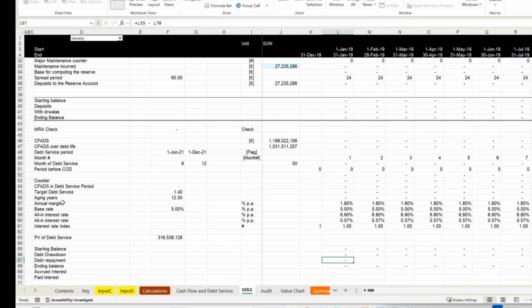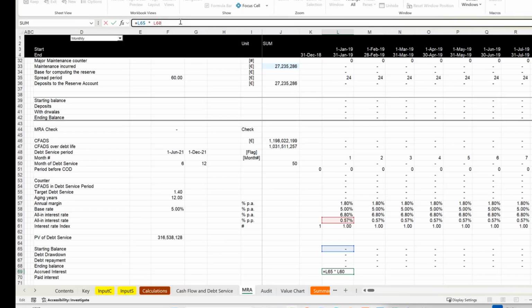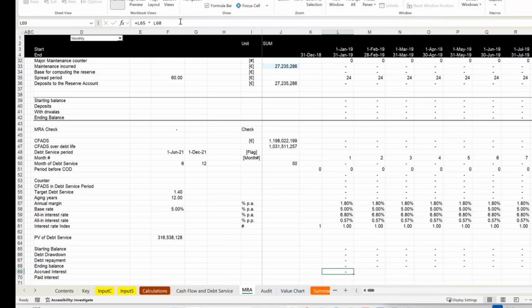Okay. And then get the accrued interest, and that's our opening balance times that periodic rate. You can do that because we don't have anything before COD. And then do our sum if.